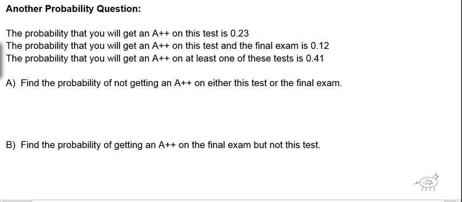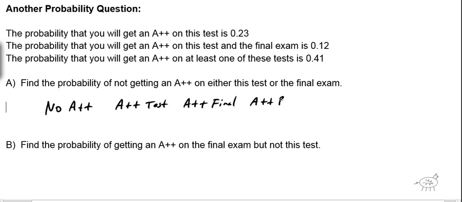You're either going to have no A++s at all, you're going to have an A++ on the test, you're going to have an A++ on the final, and you're going to have an A++ on both. So I'll put both T and F, test and final.